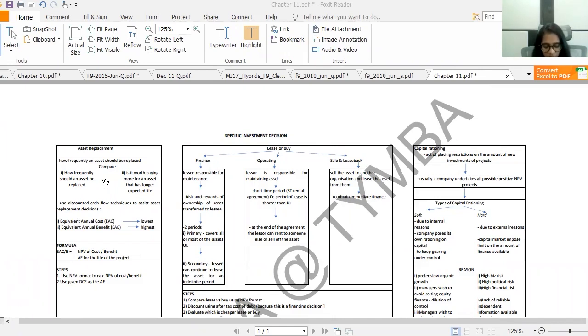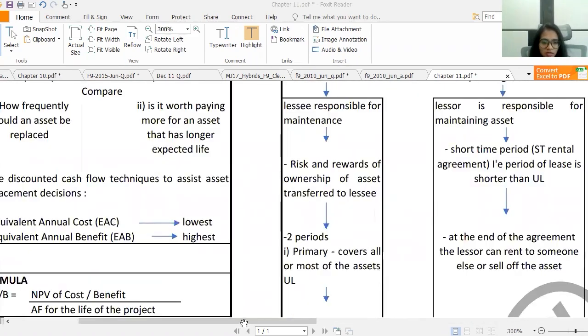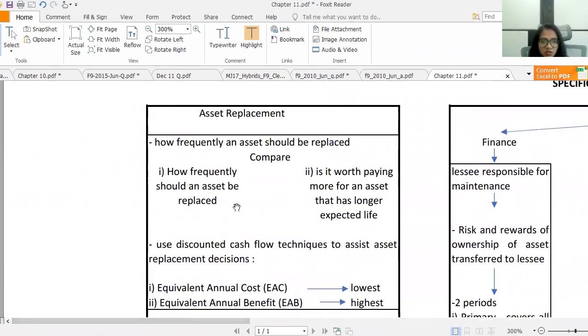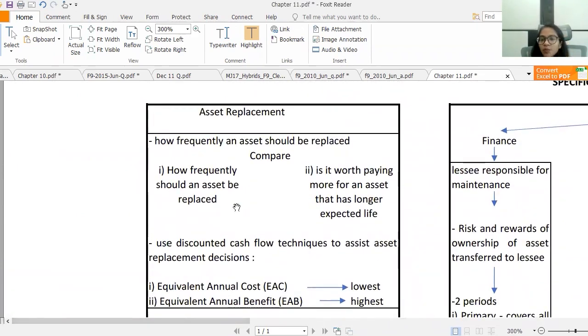So number one, asset replacement cycle. Let me scroll in. Okay, so what is asset replacement cycle all about? What are you trying to achieve when we are learning asset replacement cycle?